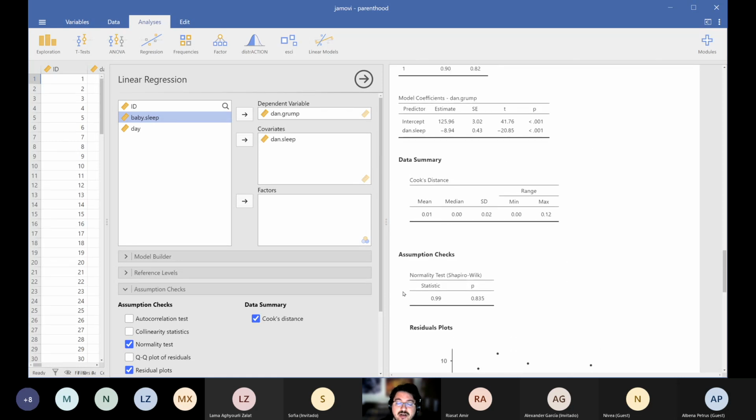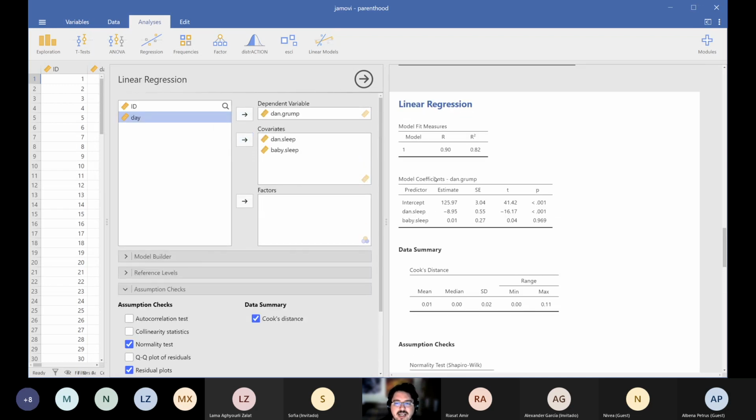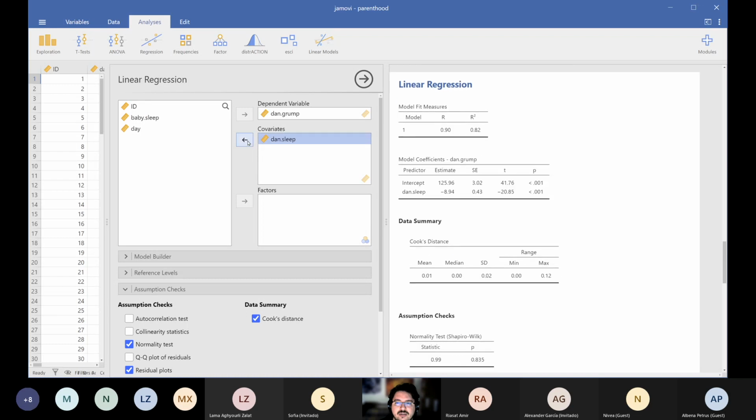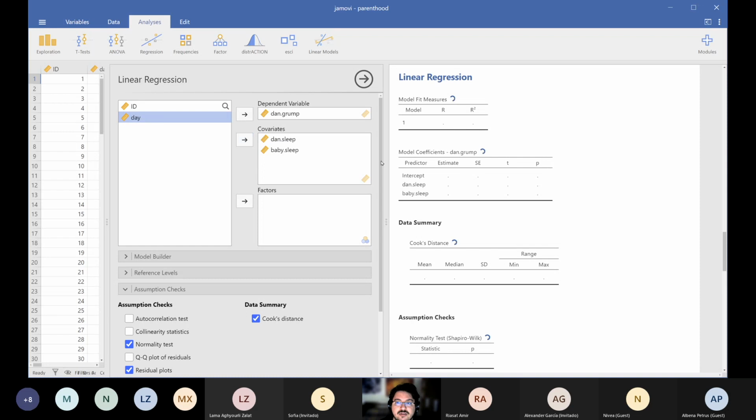We also didn't see anything in the correlation plots. But now, let's introduce baby sleep. We can do it just like that. If you look at the R squared, it doesn't improve much, or it doesn't improve at all.